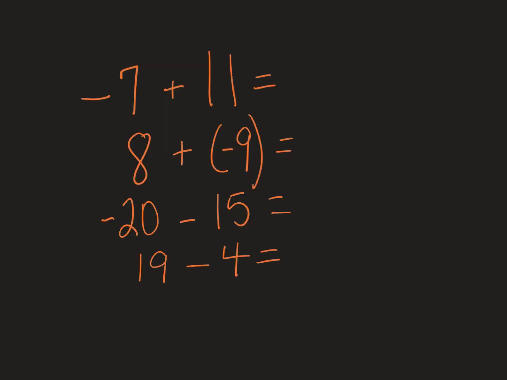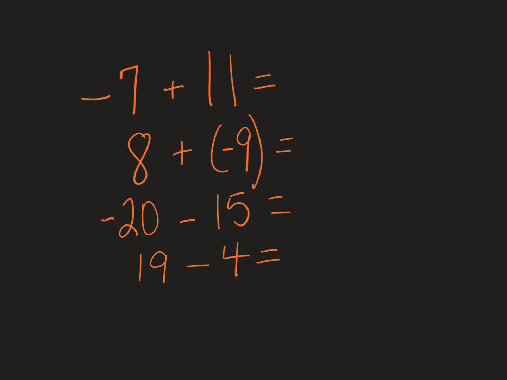All right, so in this case, the first one up here, we have a negative 7 plus positive 11, okay? Now, why do I know that's positive? Because there's not a negative sign in front of it, so it has an invisible positive sign, right? All right, so I have a negative and a positive. But I want to look at my mathematical symbol first, which is addition.